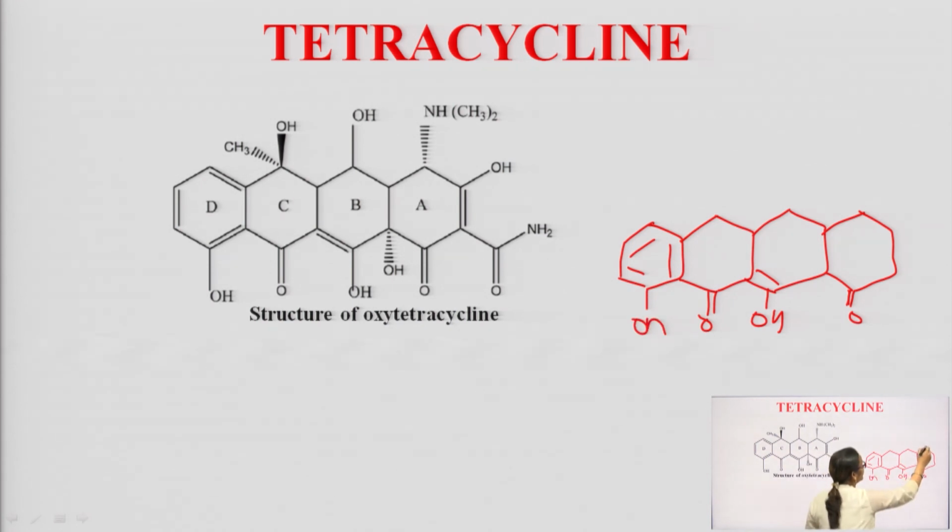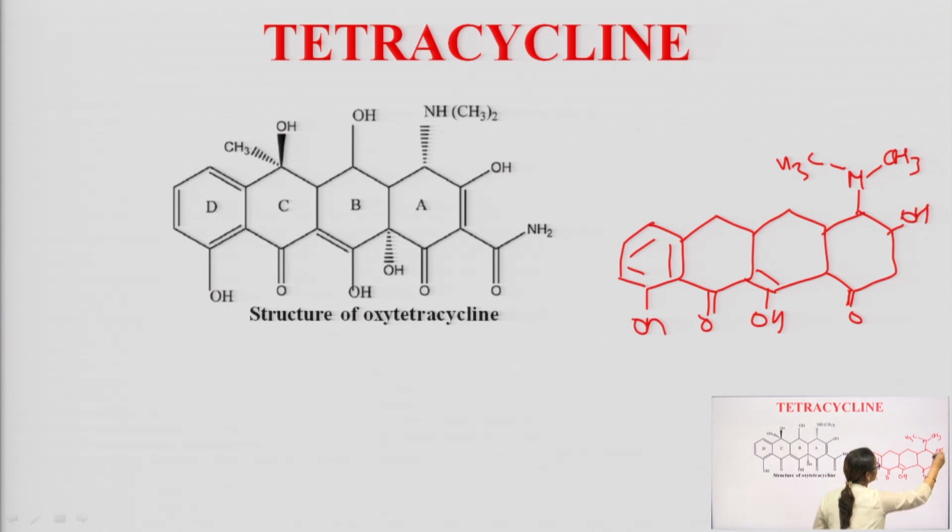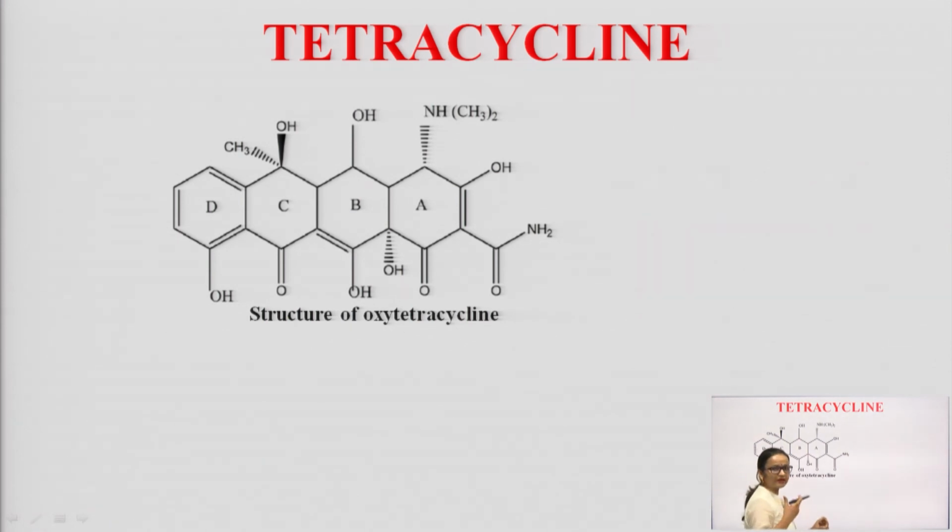Just opposite to O is the dimethylamino group. This is keto, so at the third position there is an enol group, and here a CONH2 group, and one bond also here. So, this is the main structure of tetracycline, a raw structure. Now, you can modify this in any way. So, this is the structure of oxytetracycline.